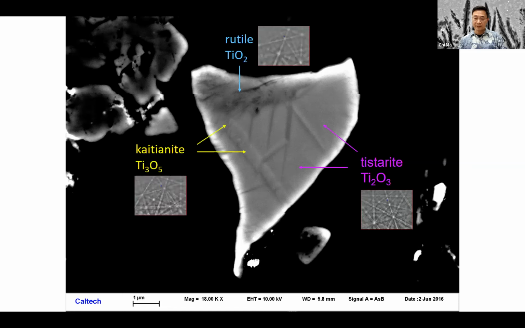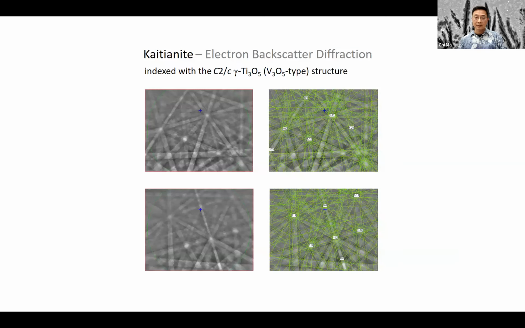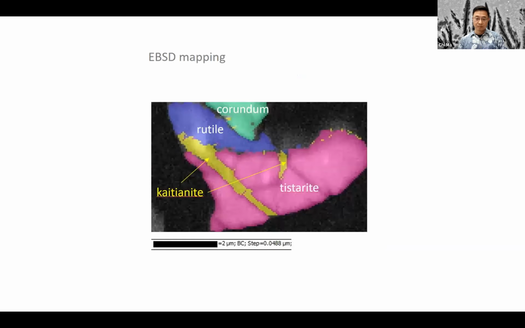Then we have a third phase. It's a new mineral, Ti₃O₅. It has this monoclinic Fe₂SiO₅ type structure. This EBSD mapping shows we have two crystals here in contact with the tistarite and the rutile.